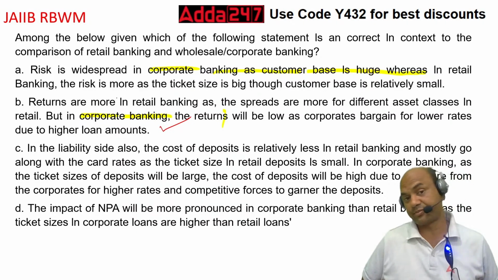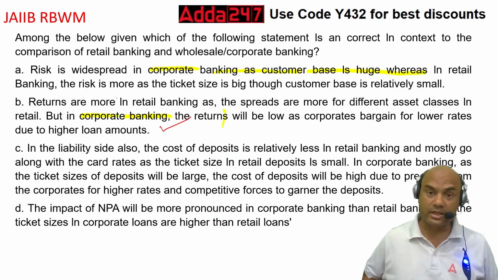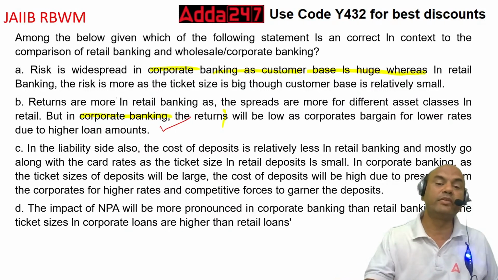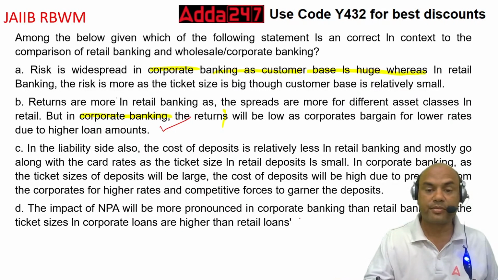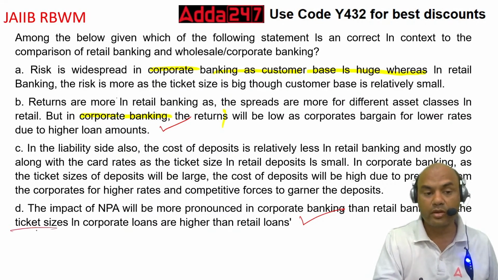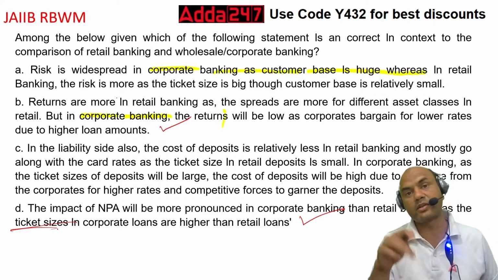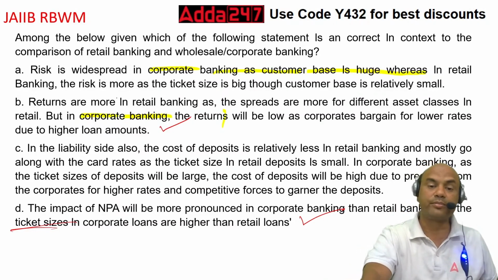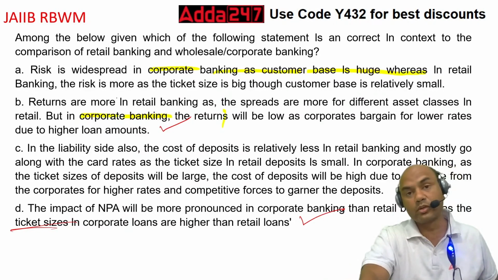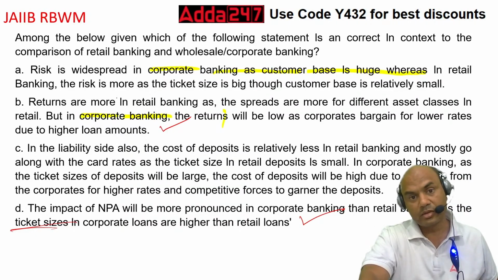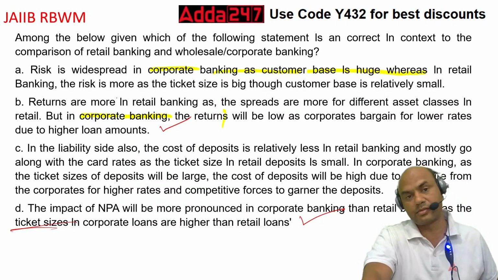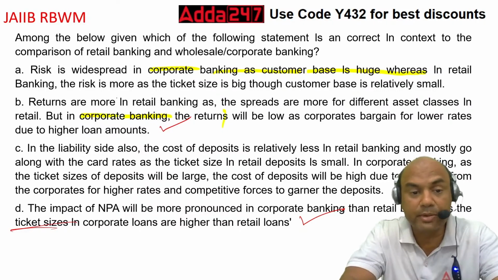What did I say? You'll have to check all the answers, because even this option is correct. In corporate banking, the ticket size is more. One loan goes to around 500 crores, 1000 crores, a single loan. So if one loan becomes NPA, the whole bank is in trouble. So the impact of NPA is more.